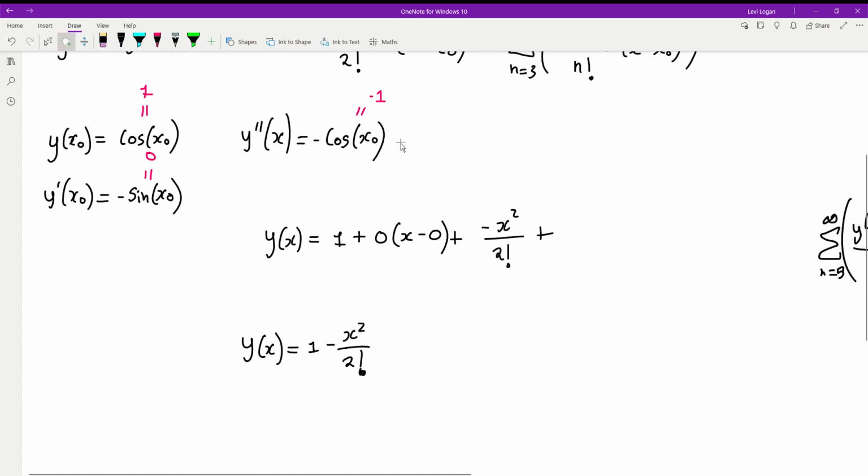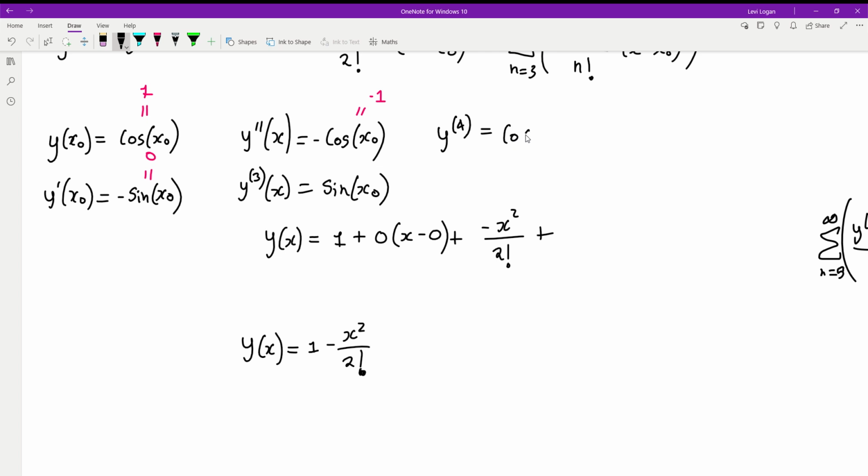So the third derivative, if you differentiate this, is going to turn into sine x of 0. The fourth derivative of that is going to be cos x of 0. So if you put in x sub 0 equals 0 into here, that's going to be 0.